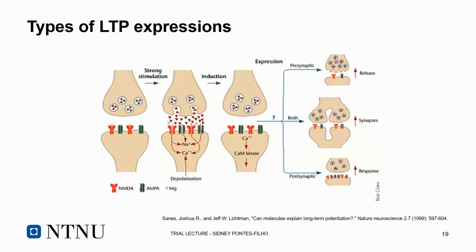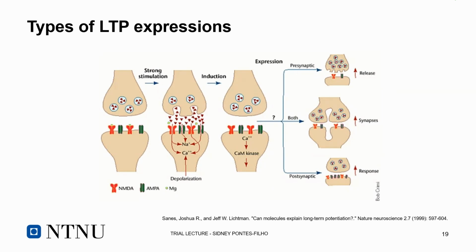And we have three types of LTP expression that can happen in a biological neuron. On the left side, we have two AMPA receptors, two NMDA receptors, and four vesicles of neurotransmitters. Depolarization happens and sends the neurotransmitters to the postsynaptic neuron. Sodium and calcium ions enter.